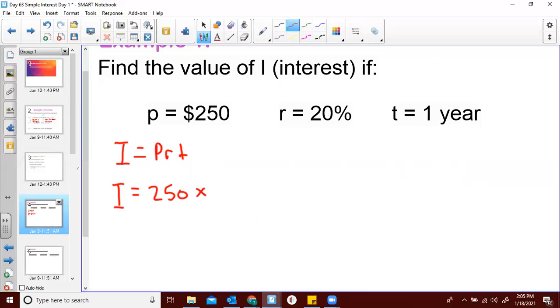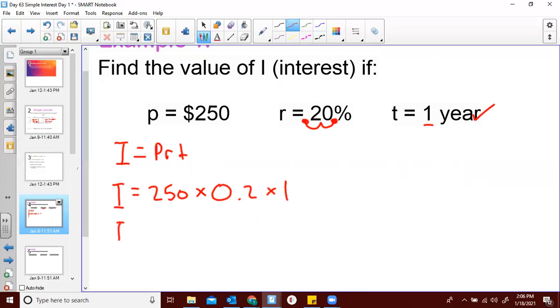Remember, we want this percent in decimal form, so that's actually going to be 0.2, multiplied by T, which is 1, and since it's in years, we're good to go, so that's just times 1.